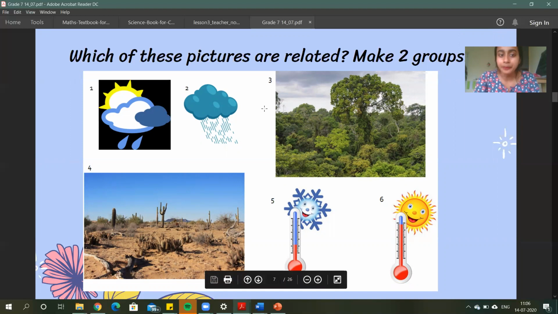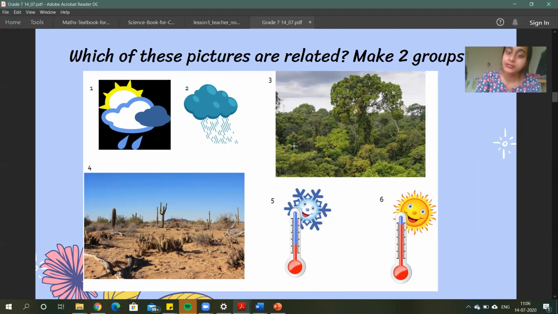The picture of a desert is related to the picture showing really high temperature and the picture showing low rainfall, because in a desert there is high temperature and low rainfall. The other three pictures are related because this is a forest which must have more rain, and hence a low temperature.